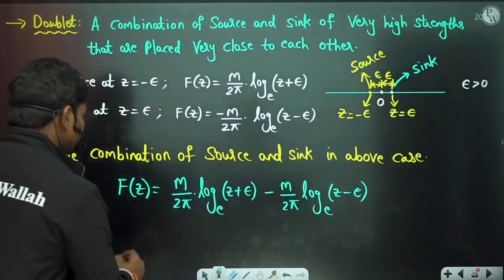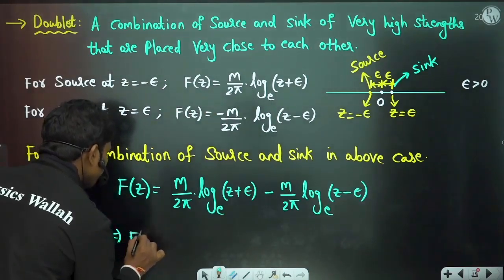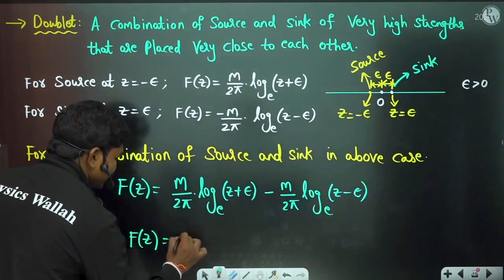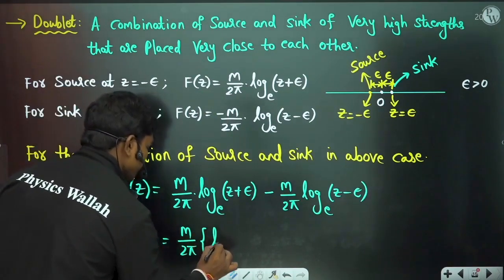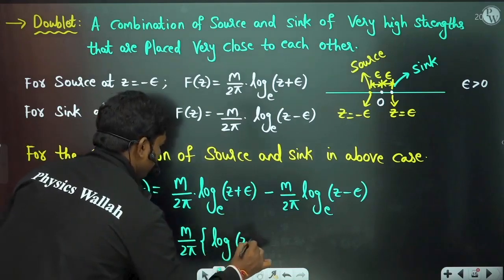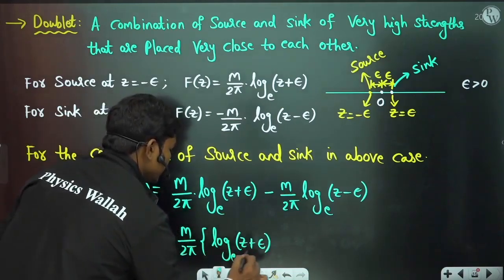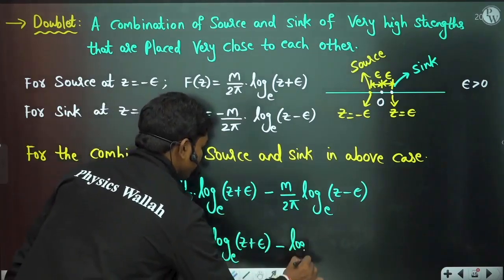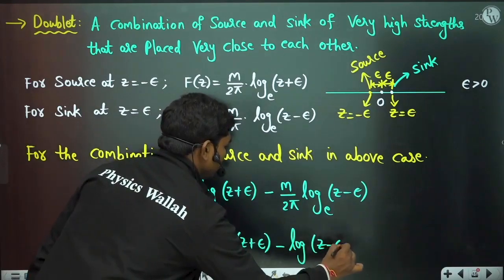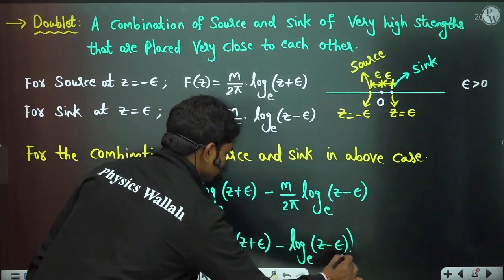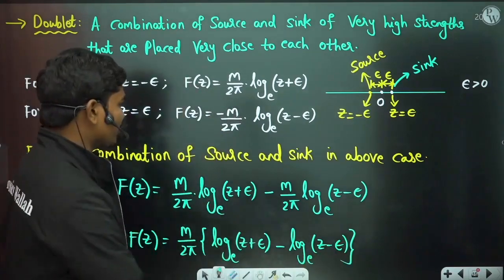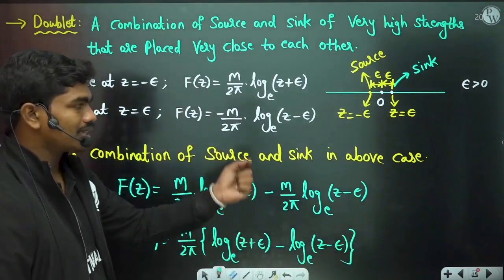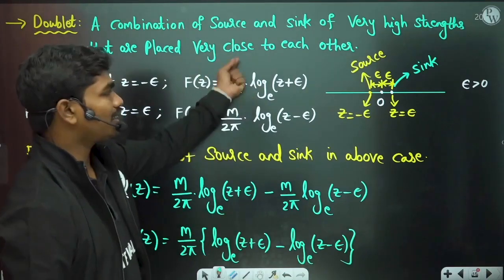Now the combined complex potential function can be written as m by 2 pi times of log z plus epsilon to the base e minus log z minus epsilon to the base e. Now let me simplify this slightly to show how this function reduces for this doublet condition.